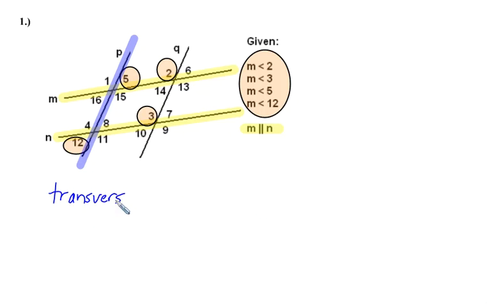If we needed to write out 2 valid equations regarding these 4 angles, one of which will be formed by the 2 angles based at transversal P, specifically angles 5 and 12.